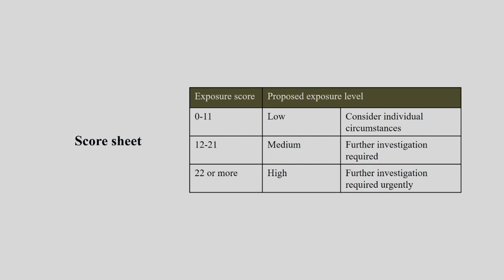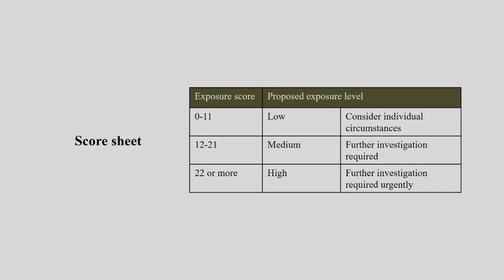So exposure score, if it is 0 to 11, then we say the exposure level is low and consider individual circumstances. So maybe there are some values which are causing it to be a little higher. At that individual level you can check and give a small solution.